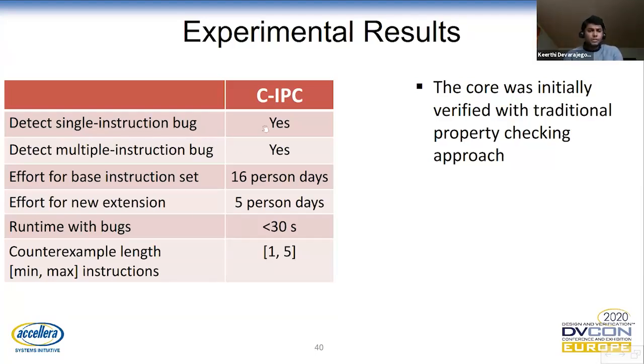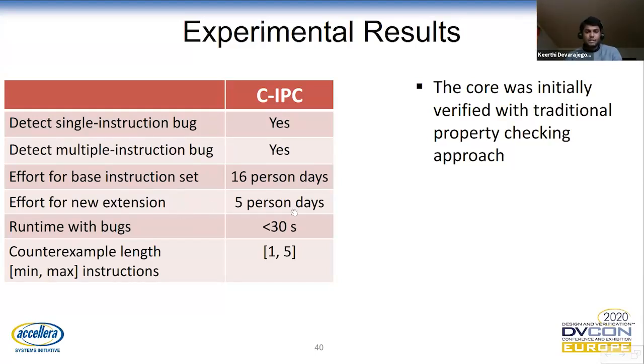And again, this methodology, if implemented properly, is foolproof, and it detects both single instruction and multiple instruction bugs. Effort-wise, for the base ISA, it needed around 16 person-days to write the properties and to get a pass or fail on the design.